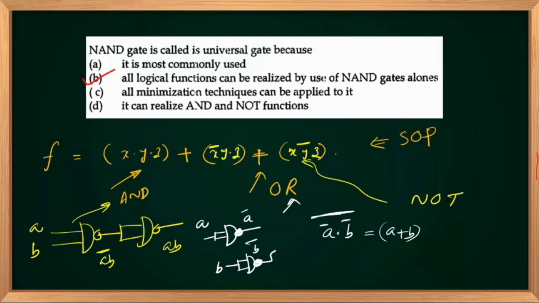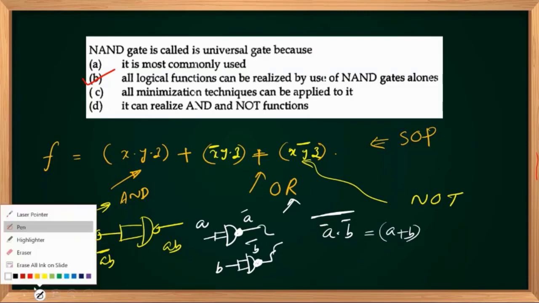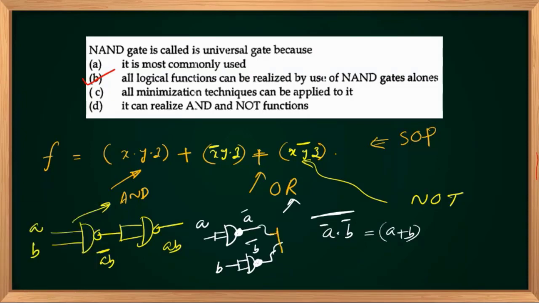So if I take the product of these two again using a NAND gate, I will get A complement dot B complement, the whole complement. That is same as OR, right?